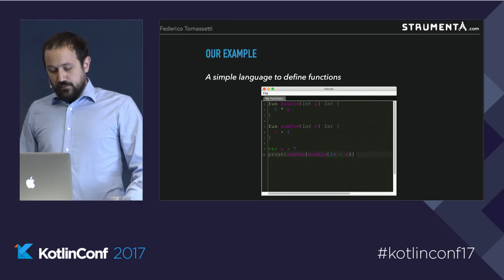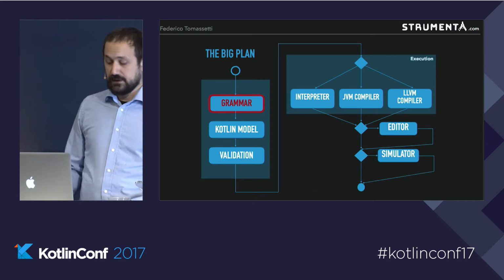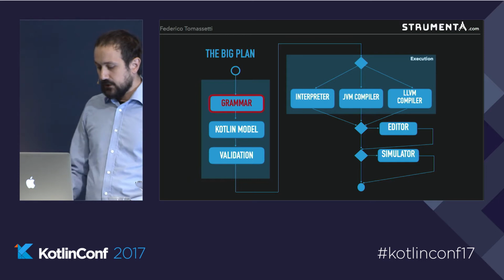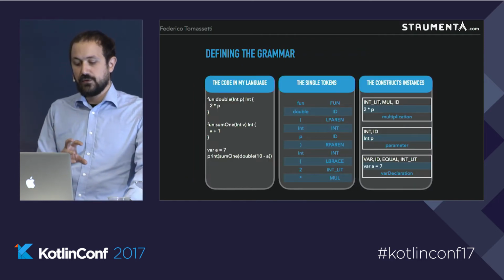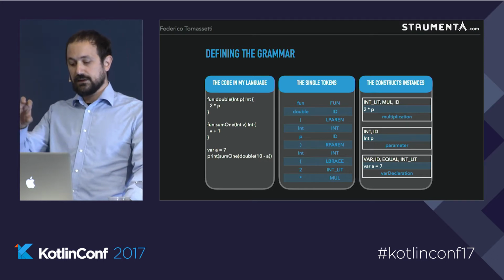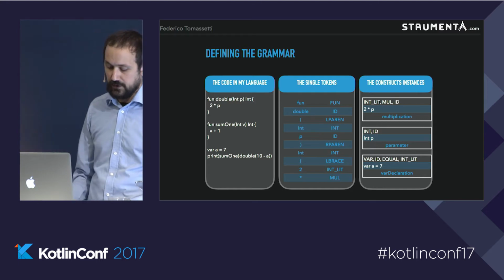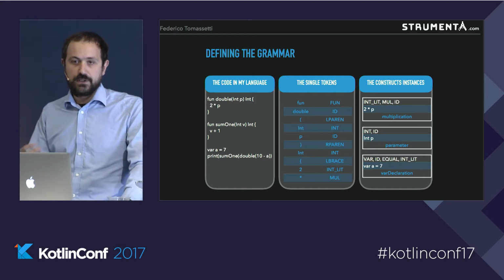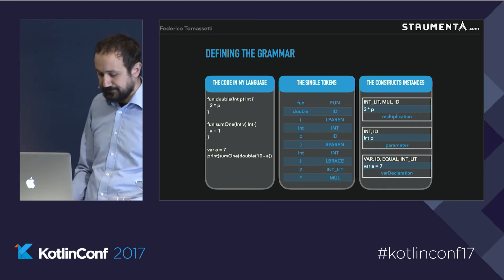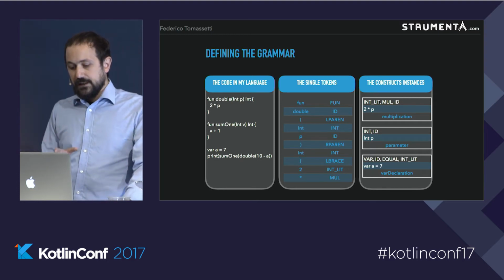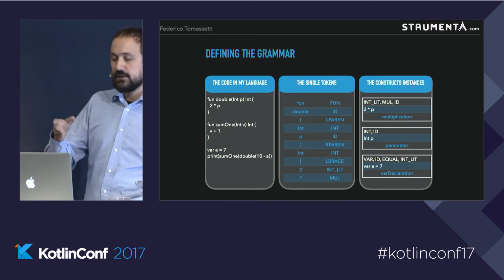Now, to bring this language to life, we need to start by defining the grammar of this language. The idea of the grammar is that it will support us to go from the code to a list of tokens to building constructs representing the information in your language. The code is written by the user, and it's basically a big string spanning multiple lines. The first thing that we do to examine this big string is to split it into single tokens.